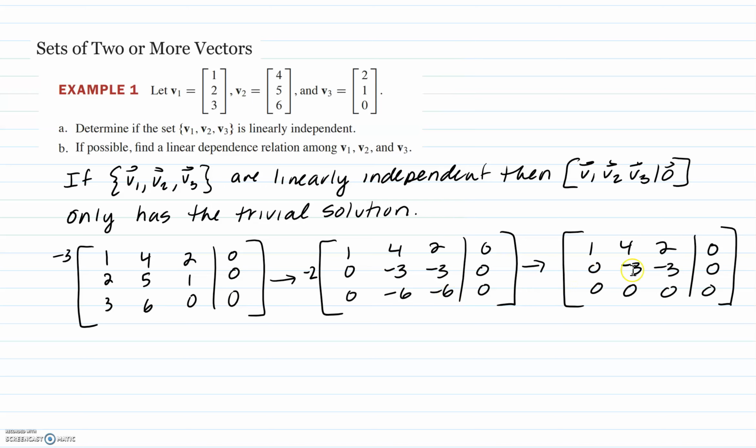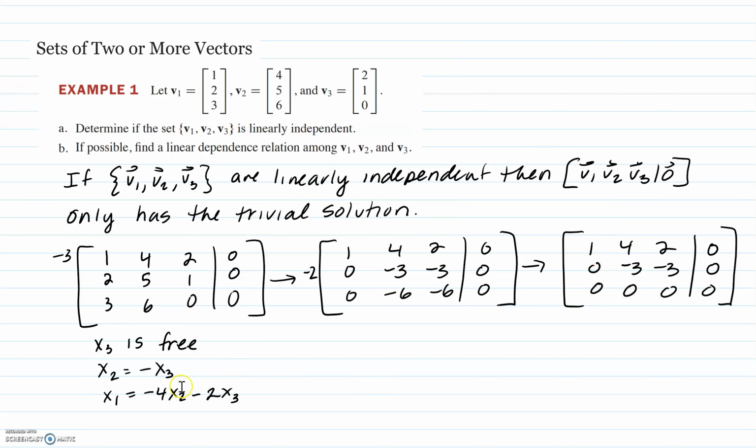And we can stop here because we know that x3 is free. Solving the second equation for x2, you would get x2 equals -x3 just by dividing everything by -3 and then bringing over that x3. And then from the first row, we know x1 equals -4x2 minus 2x3.